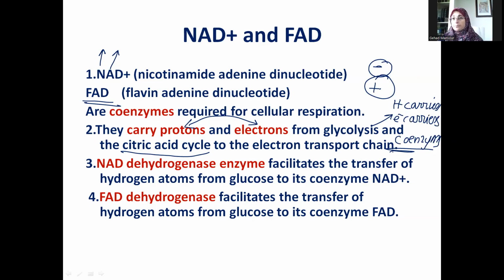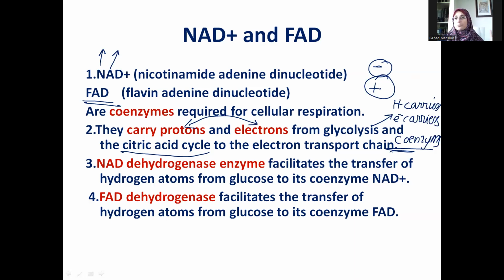They are important because if they are not there, hydrogen wouldn't be carried or trapped by them, and therefore it would return to the carbon skeleton. So they are coenzymes, they are enzyme helpers.